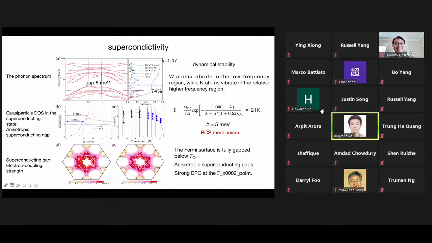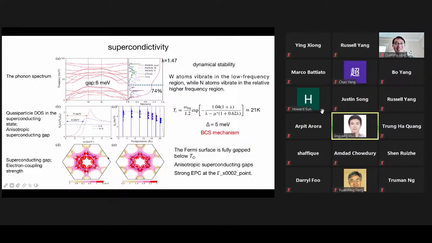In this figure, we plot the temperature-dependent superconducting gaps as well as the BCS fit, the red dashed lines. It is seen that the superconducting gap vanishes around 22 Kelvin, and the zero temperature superconducting gap is about 5 meV.